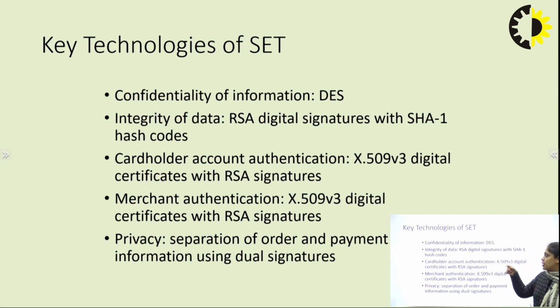Integrity is maintained with the help of RSA and SHA-1 hash codes. The cardholder account authentication is done with the help of X.509 version 3 digital certificates with RSA signatures. Merchant authentication is done again with X.509 version 3 digital certificates with RSA signatures. And privacy is the separation of order and payment information using dual signatures. So you can talk about confidentiality, integrity, authentication, and privacy. These are the key technologies used for the establishment of a secure electronic transaction.